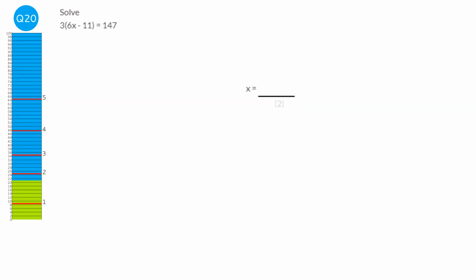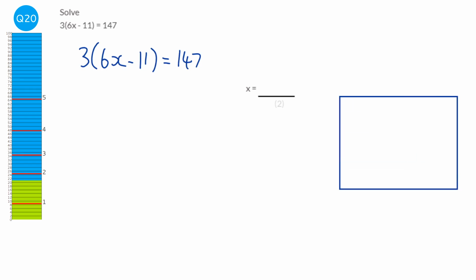So with this question, I'm just going to write it out a bit bigger so we can see what we're doing. And one of my rules is if you've ever got a fraction or a set of brackets in a question you're trying to solve, always get rid of those first. So I'm going to do myself a little grid to be able to solve these brackets.